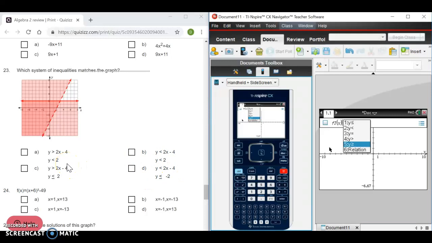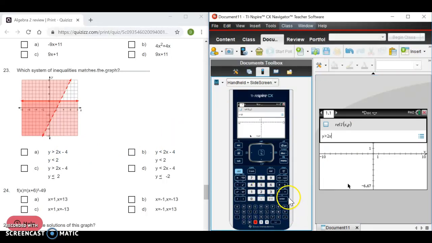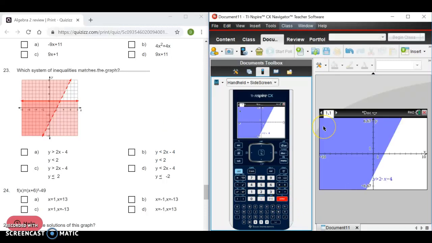So if I were to do A, I would put in greater than 2x minus 4, and I would press enter. There's the picture right here, and you notice it's a dotted line when I put my pointer on it.